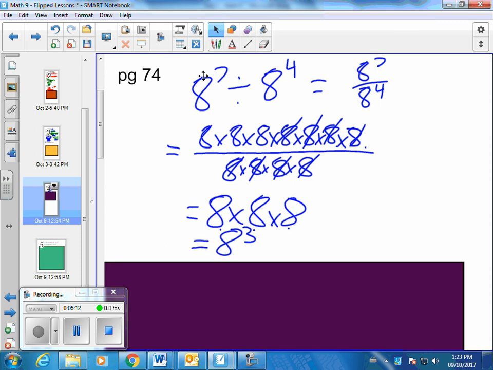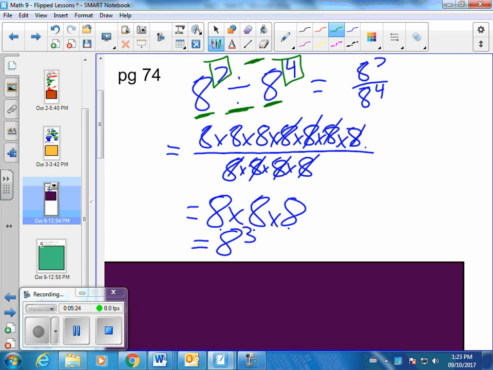So what that means for our shortcut is anytime we are dividing, if we have numbers that have the same base, we can subtract the exponents from one another and make it simpler.